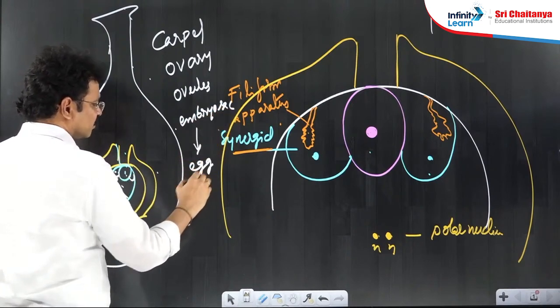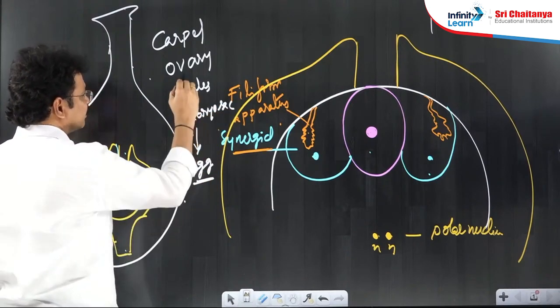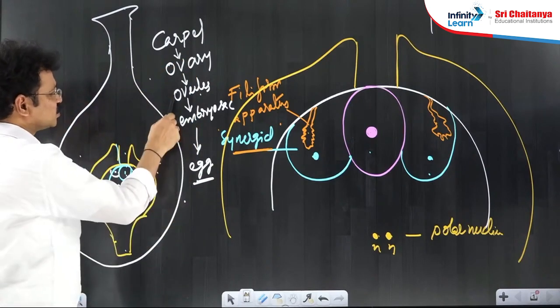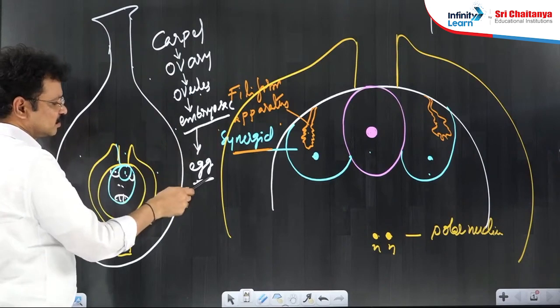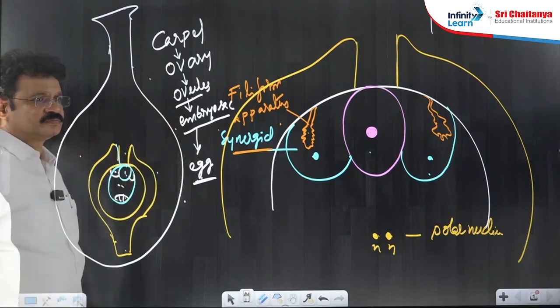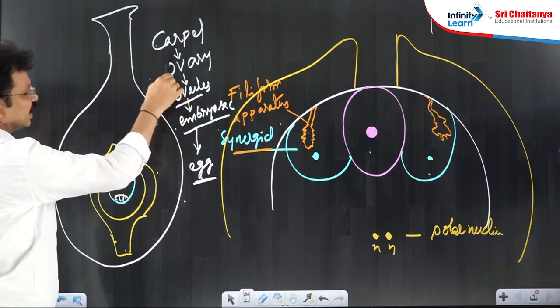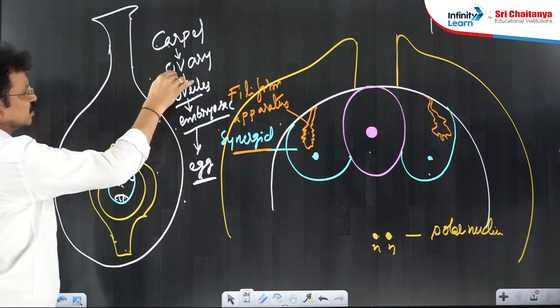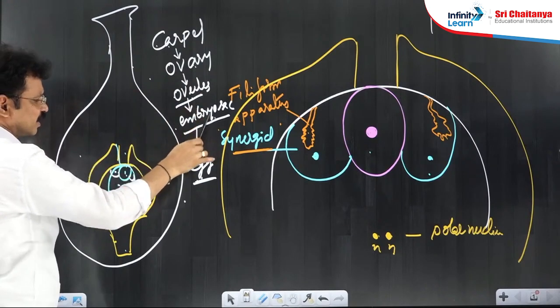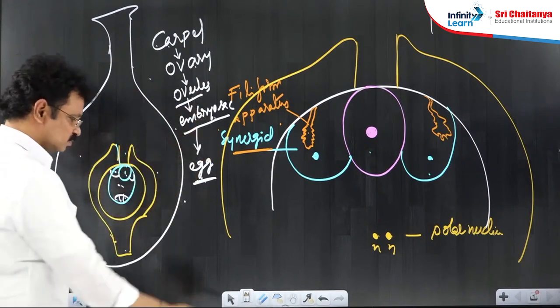Ultimately, only one egg is present in each embryo sac or each ovule. In each ovule, the number of embryo sacs is only one. So a single egg is present in each ovule. Carpel is the highest level of organization. Next to the carpel is the ovary, then ovules, then embryo sac and eggs.